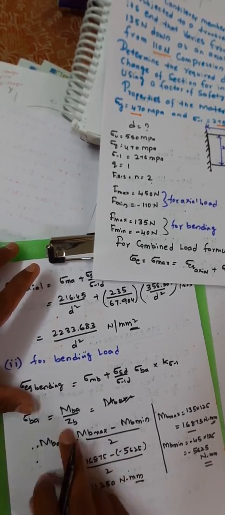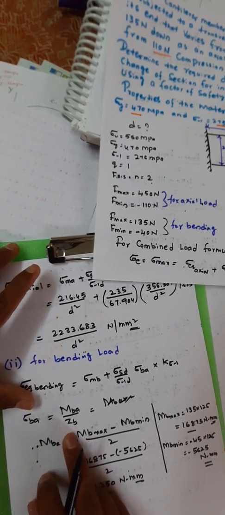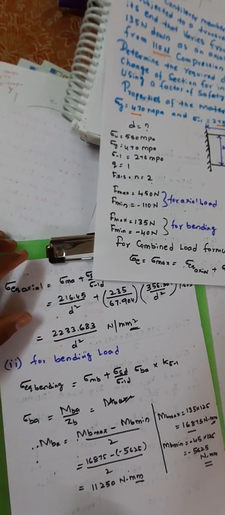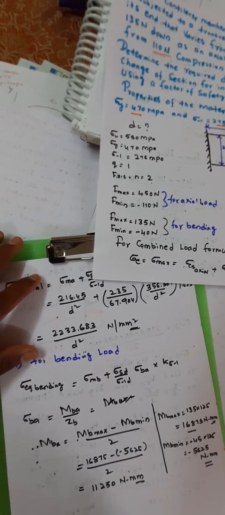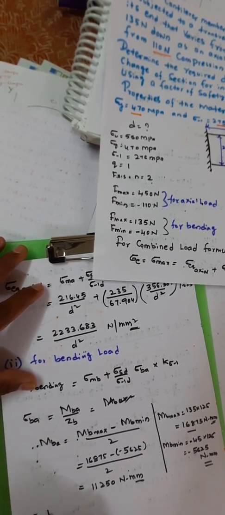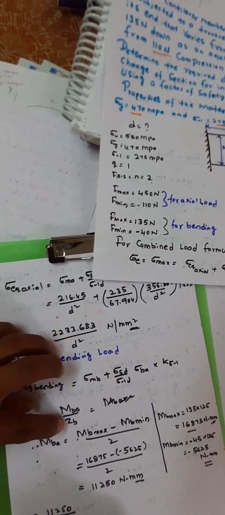now you can see 11250 divided by ZB, which is pi d cube divided by 32.